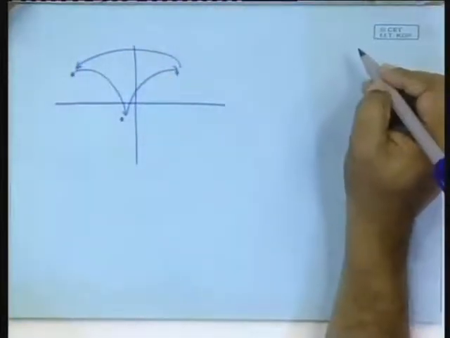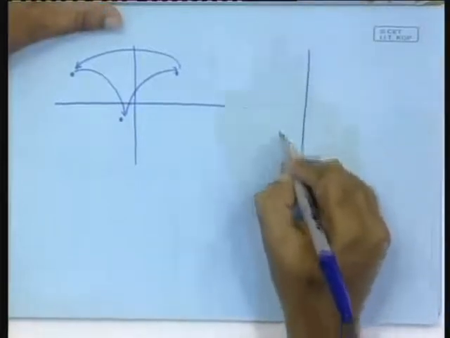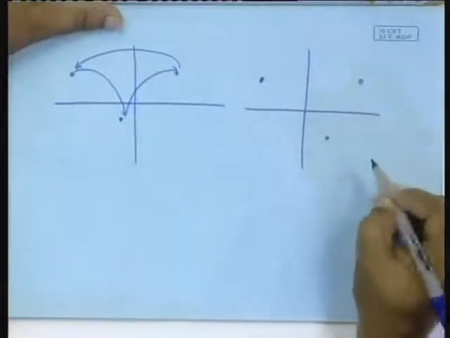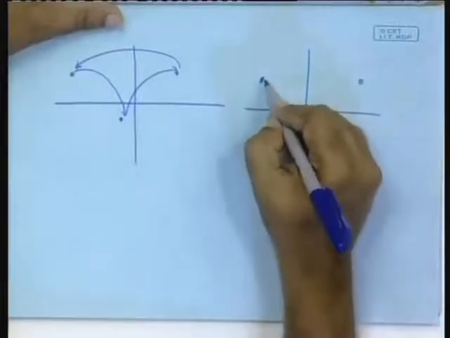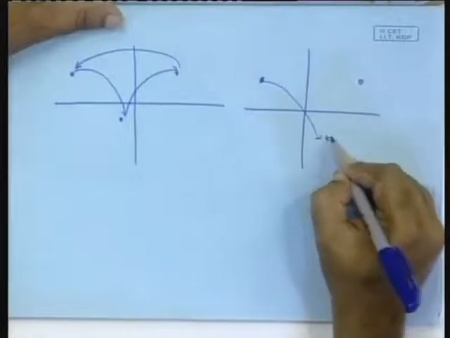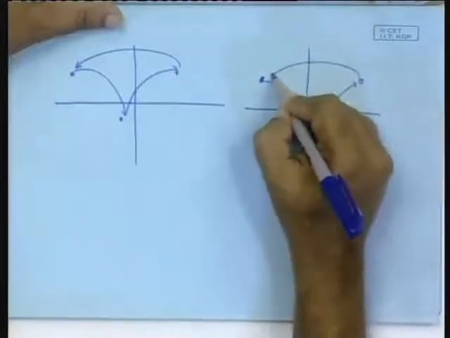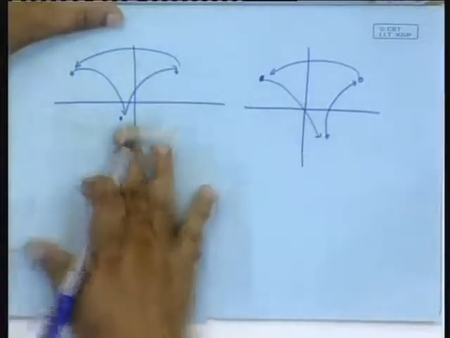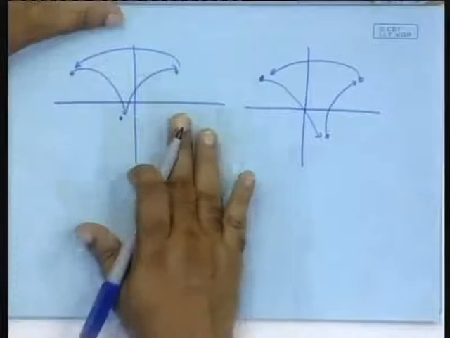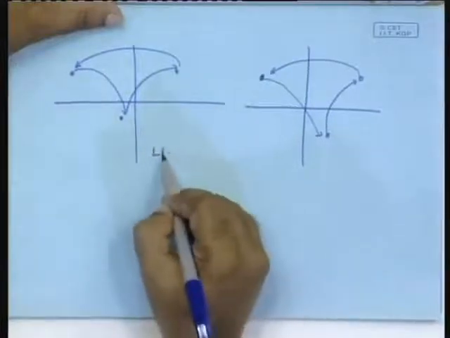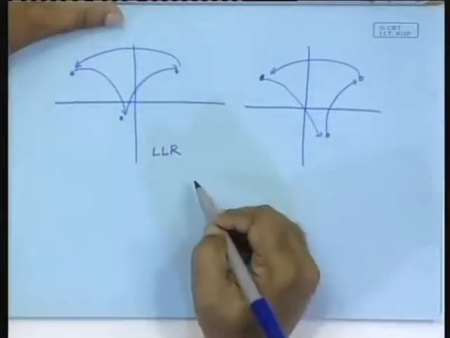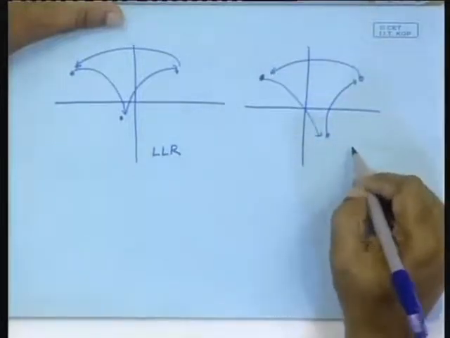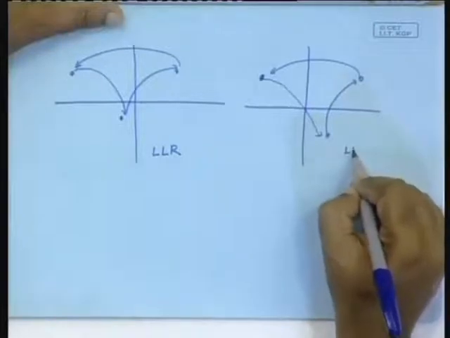This can be a period 3 orbit, or so this point will map to this point, this point will map to this point. What is the distinction? This orbit is having 2 points to the left and 1 to the right. We will be calling it the LLR orbit, and this orbit will be having 2 points to the right and 1 point in the left. So, it is called the LRR orbit.